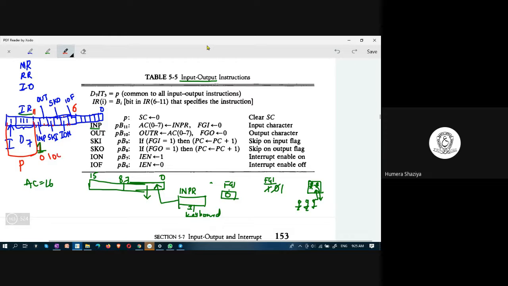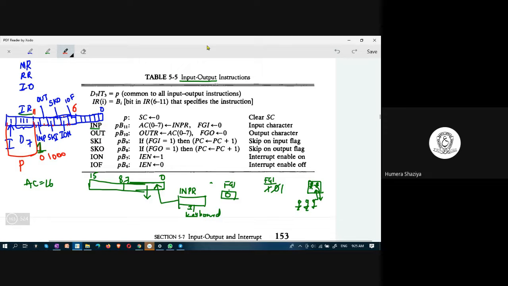This indicates that the operation to be performed by the computer system is the output operation. In the instruction register, it is mentioned that this output operation has to be performed. How is the output operation performed?